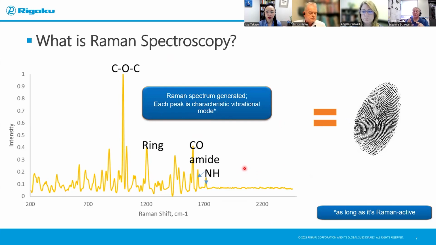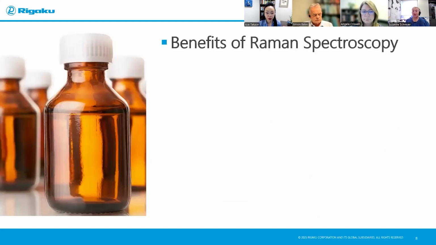Anything that's Raman active has a covalently bonded carbon, hydrogen, oxygen, or nitrogen. Fortunately, that fits most of the APIs and excipients present in pharmaceuticals. That's why this technique is very useful for the pharmaceutical workflow, for characterizing your incoming materials and for QA and QC of your molecules, of your drugs. So what are some of these benefits?